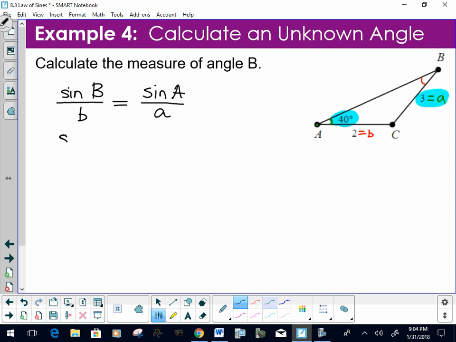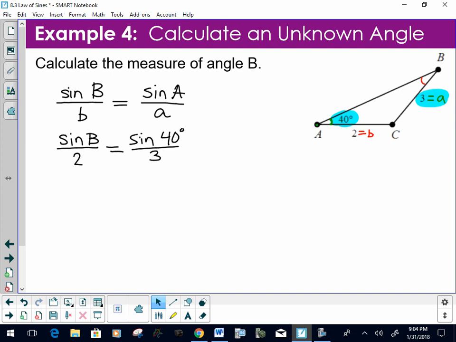So if we plug in the values that we know, side B has length 2. We know angle A is 40 degrees, and we know that side A is length 3. So we're trying to get that angle B by itself, trying to solve for angle B. So we'll multiply both sides of our equation by 2.